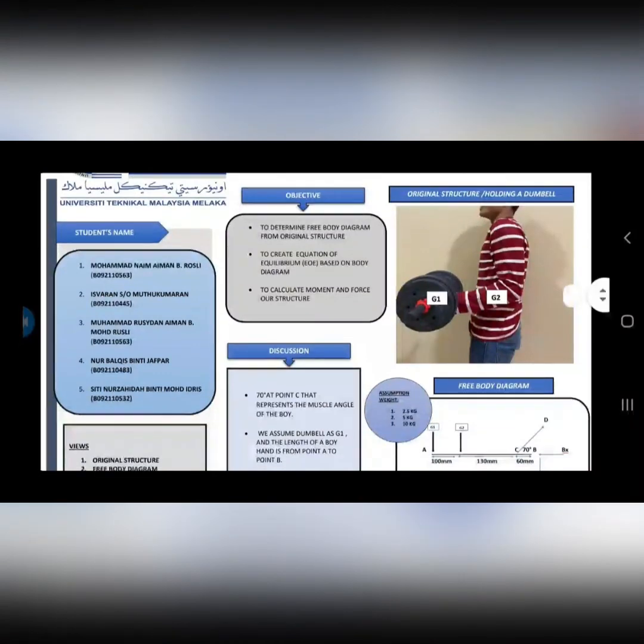Next, for the original structure. G1 is the dumbbell, and we assume three weights: first 22.5 kilogram, second 5 kilogram, and third 10 kilogram. For G2, the angle of the muscle is 70 degree.